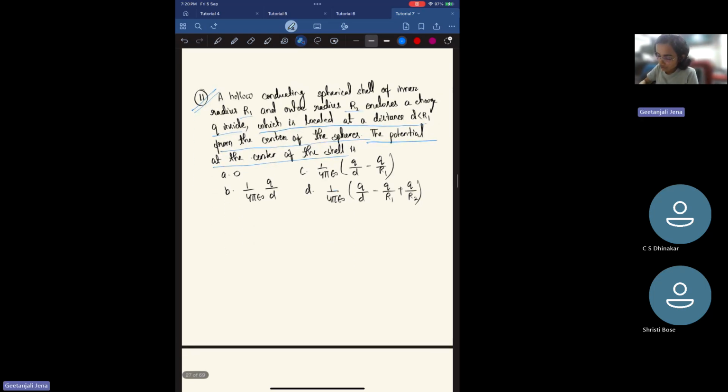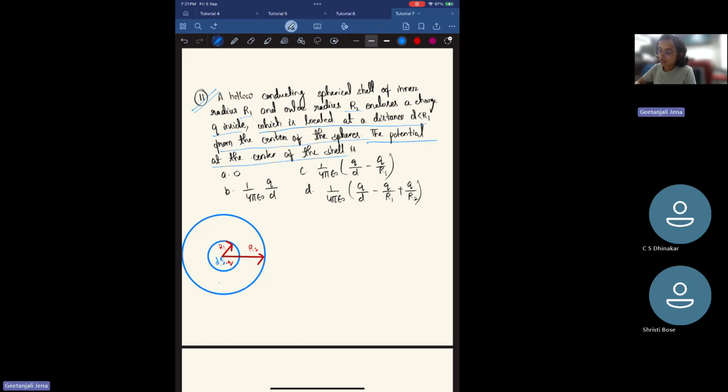So let me draw. There is a conducting spherical shell with radius R1, and there is a charge Q at a distance d.